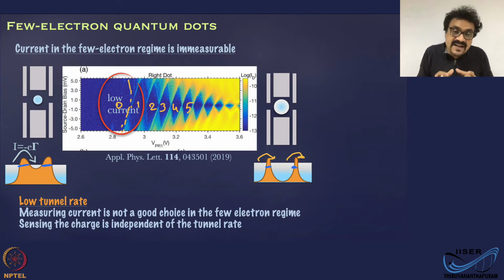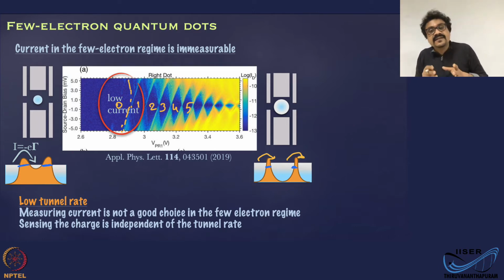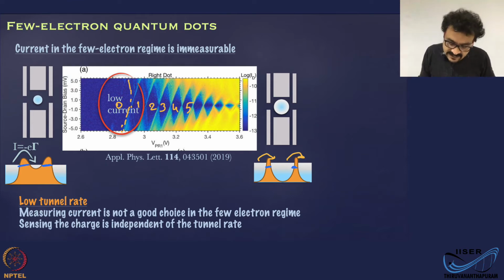So there is no guarantee that the dot is empty in this regime. The current being low, or you not being able to measure the current, doesn't mean that the dot is empty. The tunnel rate could be very, very low, so that the current is much lower than what you can measure with your current preamplifier.